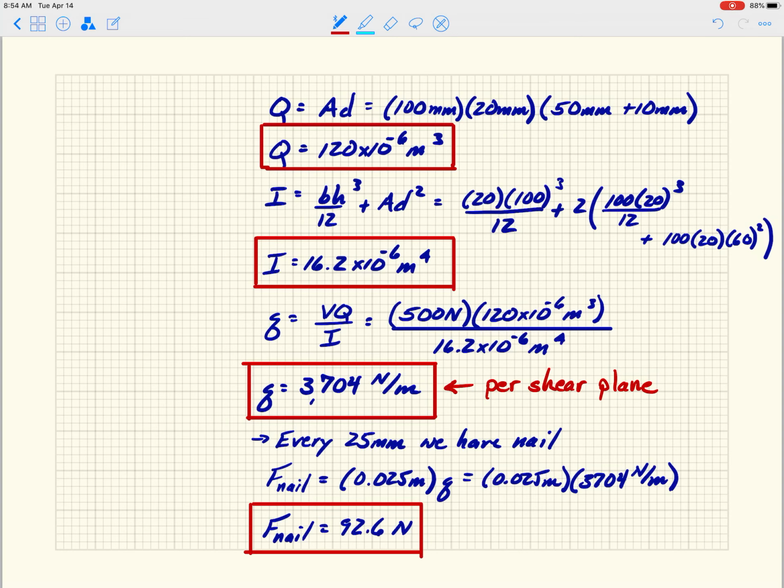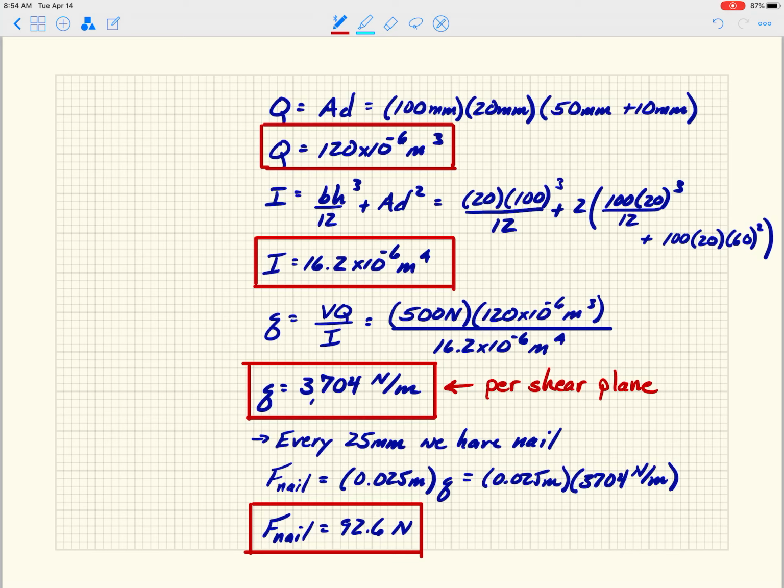So every nail, top or bottom, right? Because if you calculate Q, and I'll show this in a second, you will get the same Q whether you're looking at that top cross section or the bottom cross section, and so the shear is exactly the same. It actually turns out to be a different sign, so it's negative, but it doesn't matter.